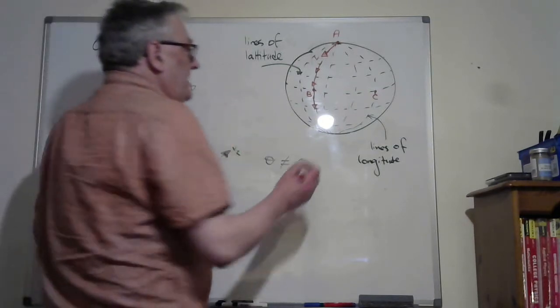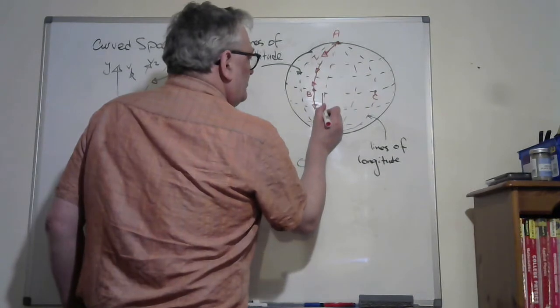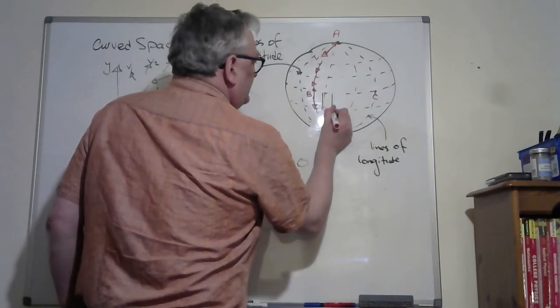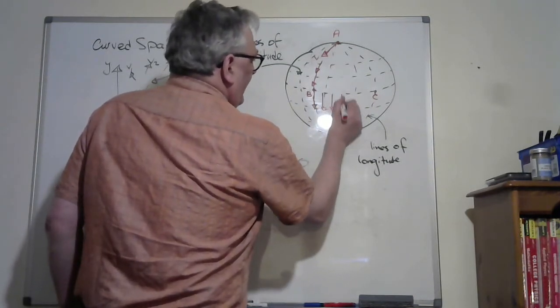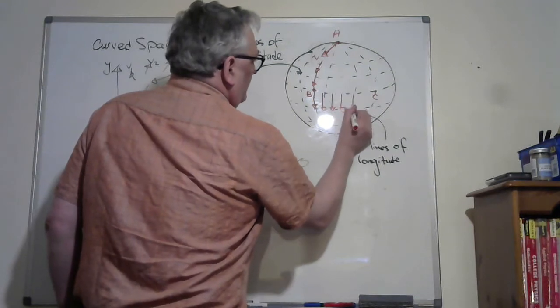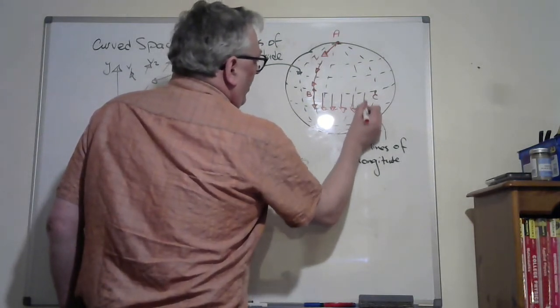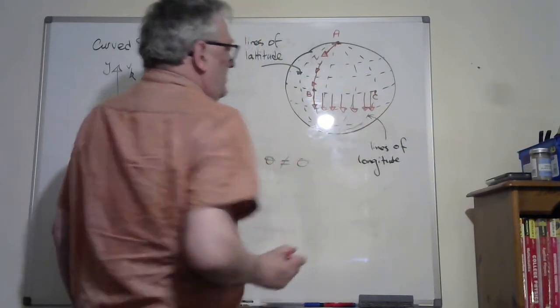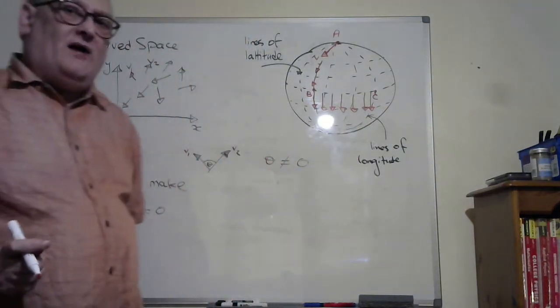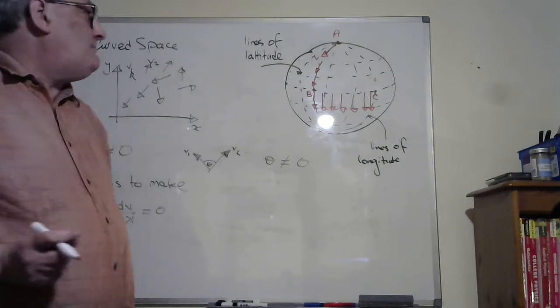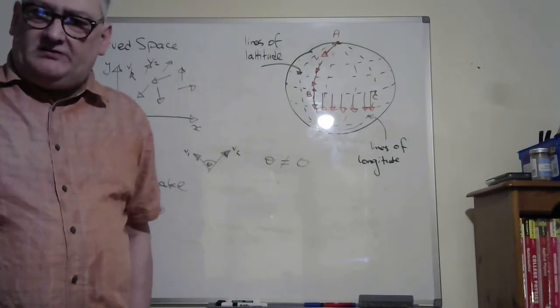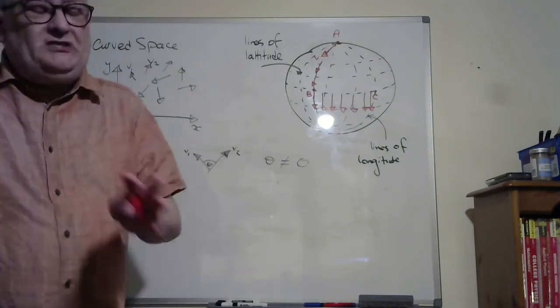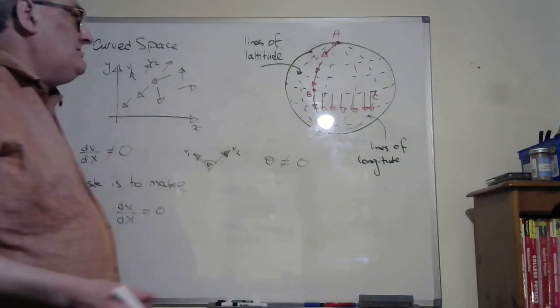And let's suppose we now want to travel from B to C. Then we might travel like this, with our arm pointing due south all the time. I'm sure this would be quite unpleasant if anybody tried it, especially over, say, the continent of Africa. But we're just using it for the purposes of an example.